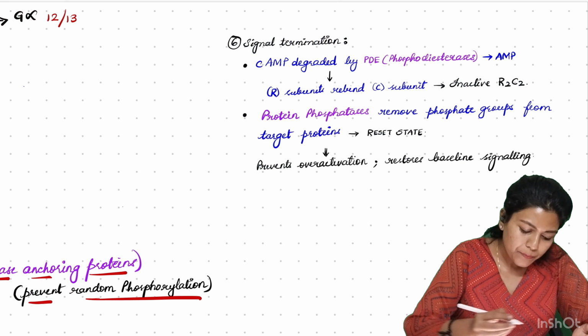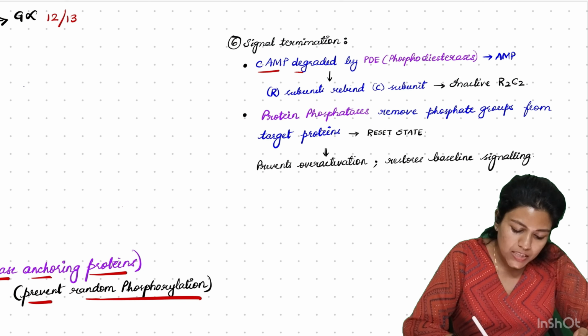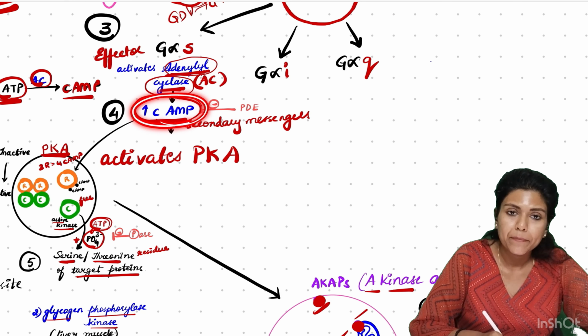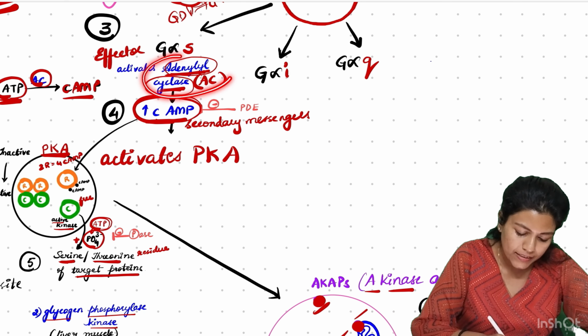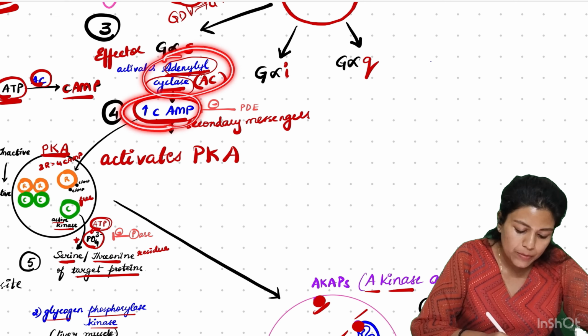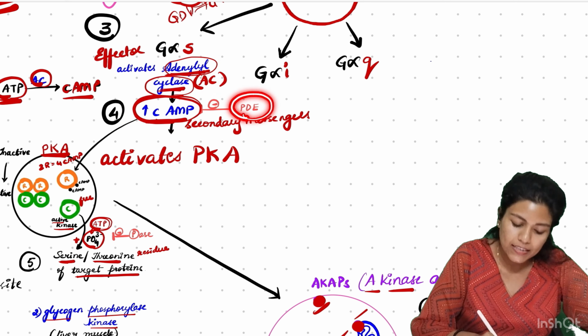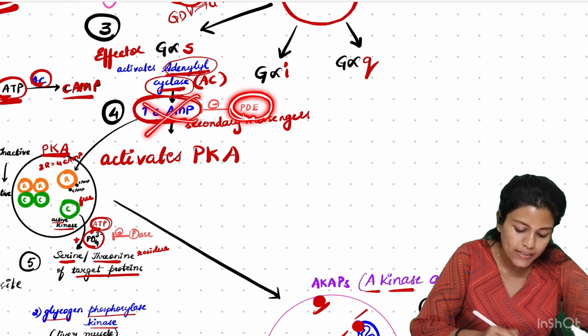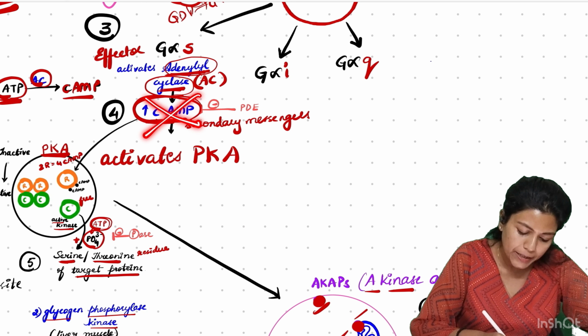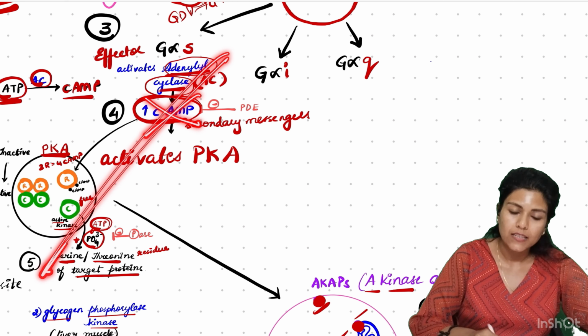It is terminated by the cyclic AMP being degraded by phosphodiesterase. The cyclic AMP produced by this adenylyl cyclase will be degraded by phosphodiesterases. Diesterases means it will break down cyclic AMP. When there's no cyclic AMP, this pathway doesn't occur.